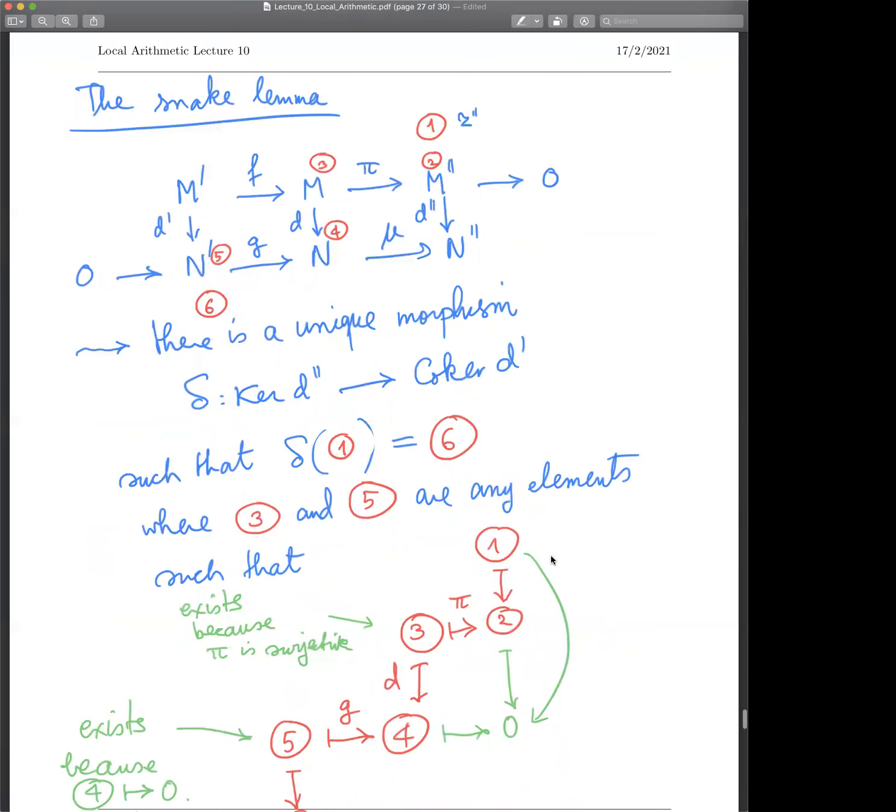Finally, the statement of the snake lemma. So forget about the things in red for the time being. Just look at the diagram in blue.